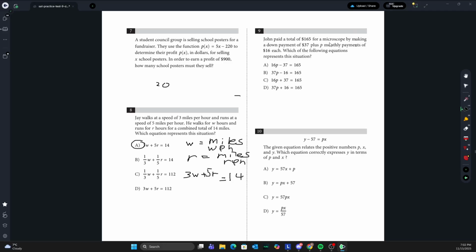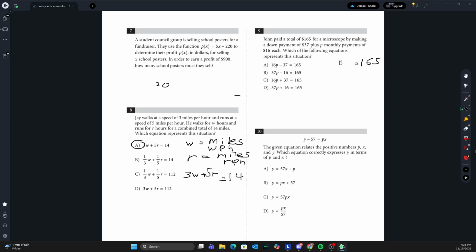When we break this problem up, let's start by writing down our final equation on the right hand side. We can start with it equaling the total pay, which is $165. John starts by making a down payment of $37. A down payment of $37 is going to be a one-time payment.